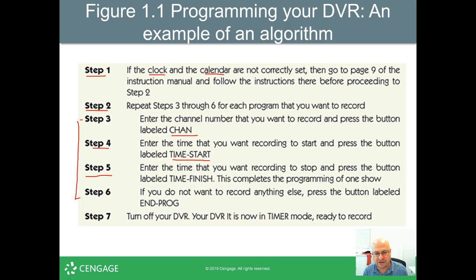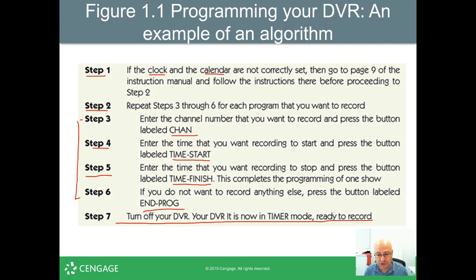Step 5, enter the time that you want the recording to stop and press the button labeled time finish. This completes the programming of one show. So let's say you want to record another show. If you do not want to record anything else, press the button labeled end program, and then you go to step 7 and turn off your DVR, and now the DVR is on timer mode, ready to record.